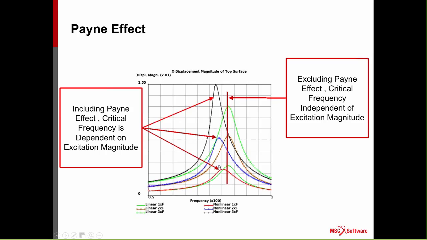But when we include the Payne effect, two things happen. One is, based upon the amplitude of the excitation, there's a shift in the critical frequency, but in addition to that, the response is not linearly proportional.